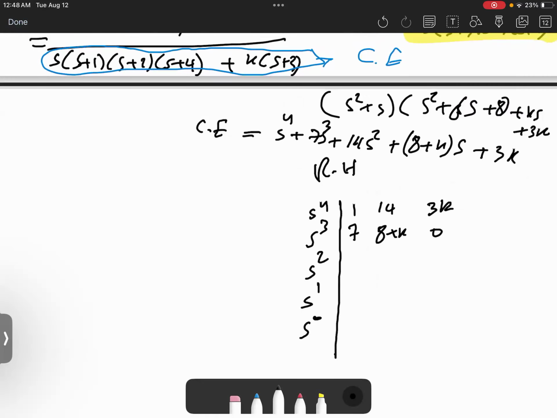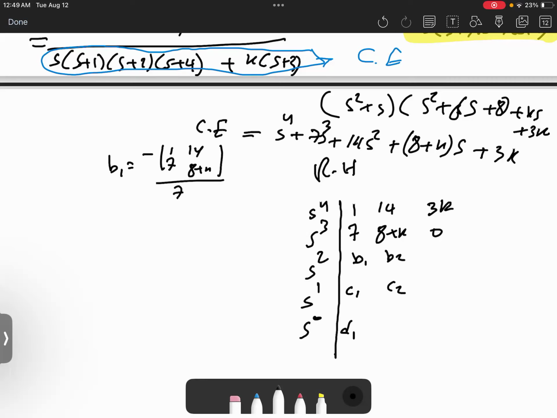So let's find the elements here. I can call them B1, B2. Here's B1, here's B2, here is C1, C2, here is D1. So let's calculate first B1. B1 is the determinant 1, 14, 7, 8 plus k, divided by 7.